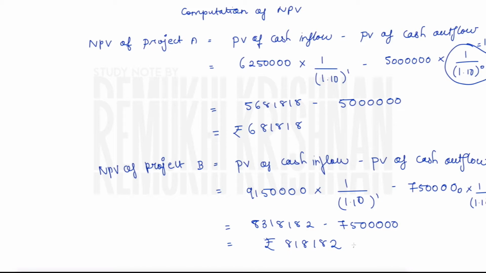Okay, under the NPV method, which project is to be chosen? The project with the highest NPV is to be chosen. So yes, we will be going with project B. Okay, let us solve the same sum under IRR to know which project is to be chosen under IRR, whether we are going to choose project B as in the NPV. Okay, let us start our computation.